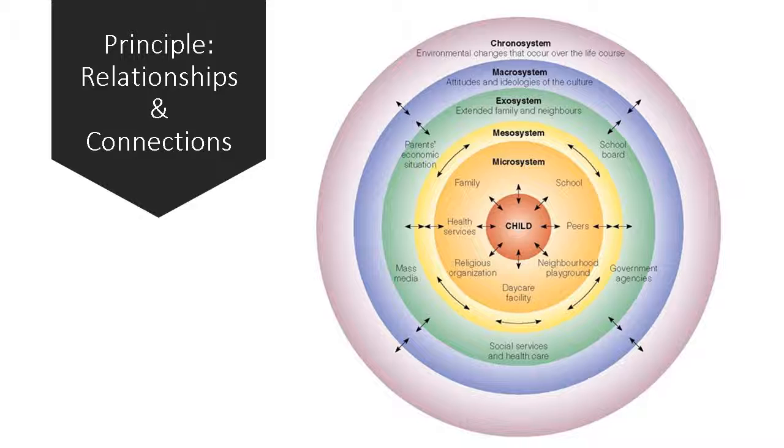For example, here you can see the child interacts with various individuals in the health services, in their family, the school, and the peers in their microsystem. There are also interactions between the child, individuals, or groups within each microsystem. So this is the mesosystem.